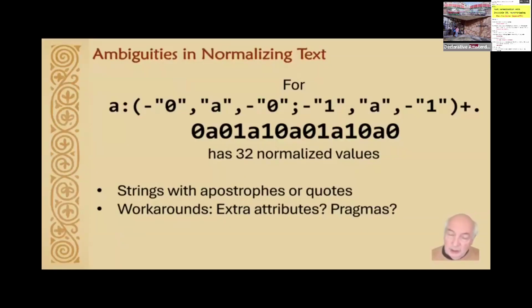Another possibility is to consider pragmas, which are not already supported in Invisible XML, but it's a good way to state that this alternative has to be considered when round-tripping, and the other ones are not to be considered.